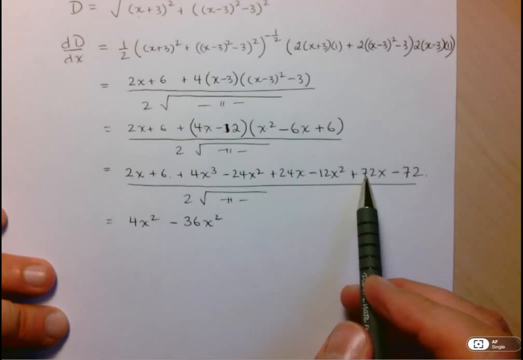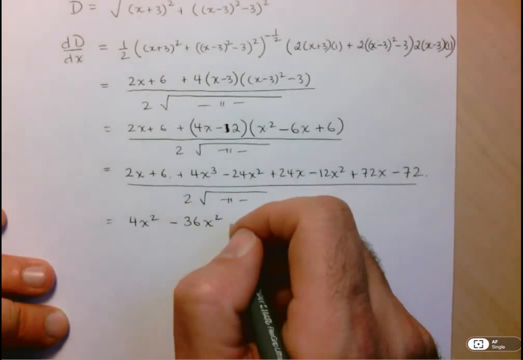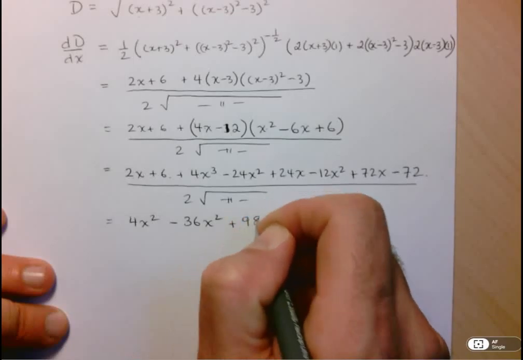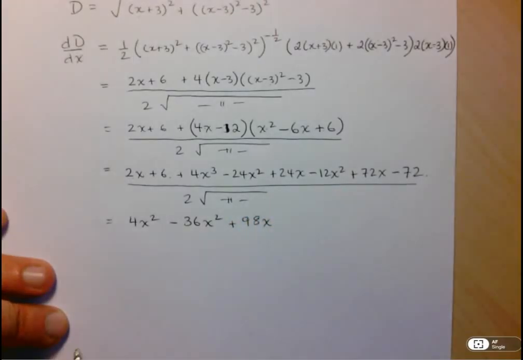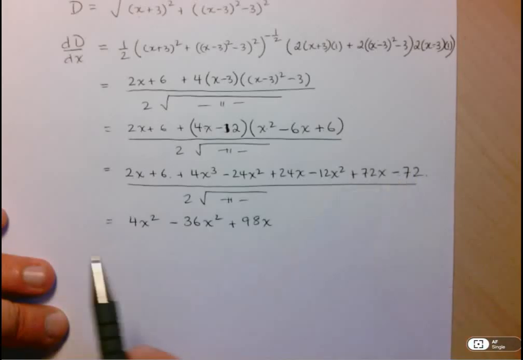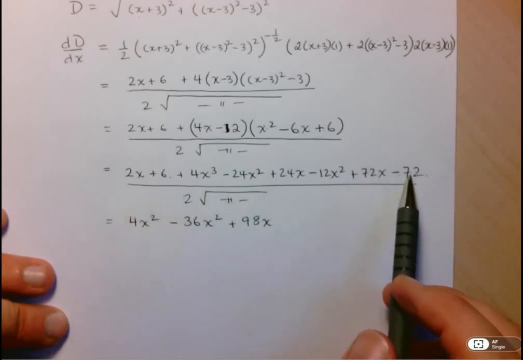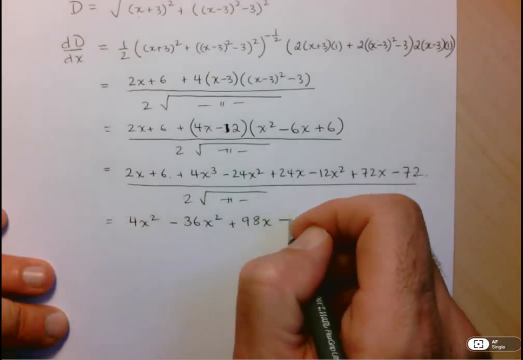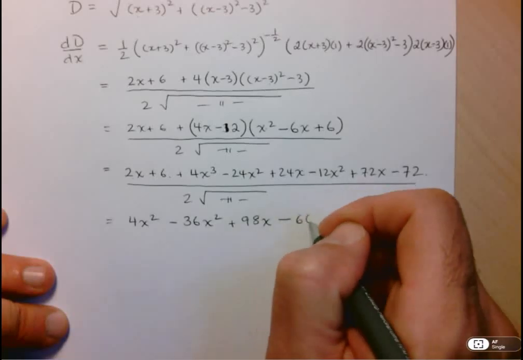So 72, 82, 92 plus 6, 98, so plus 98x. And then here we've got 6 minus 72, so that is negative 66.